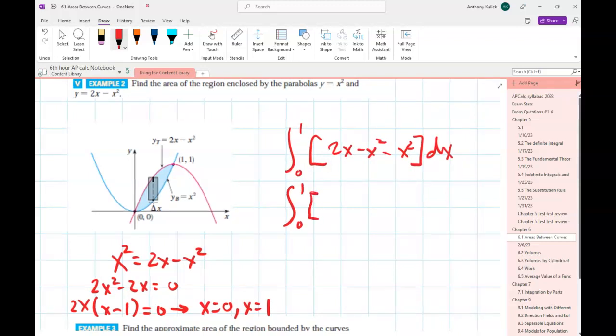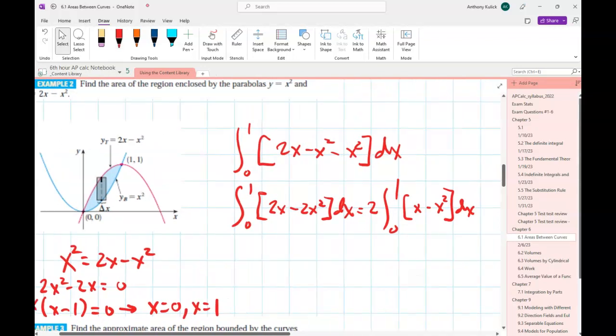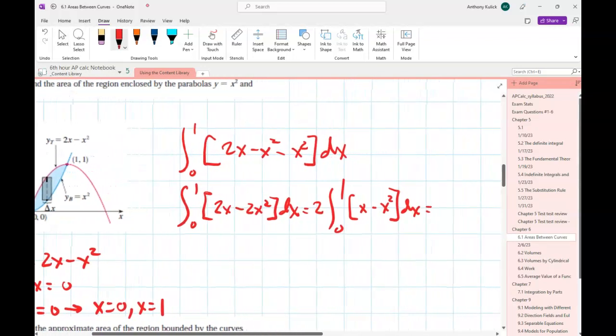I'm going to simplify that a little bit, because x squared minus x squared is just minus 2x squared. And I guess I will probably pull a 2 out front just to make life a little teeny bit simpler. The antiderivative of x is x squared over 2.